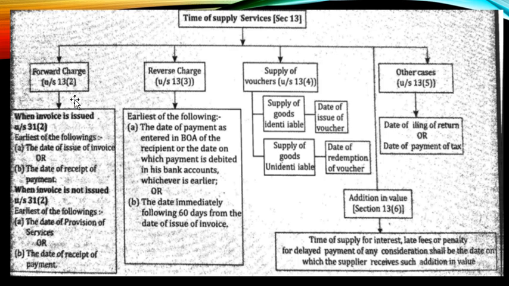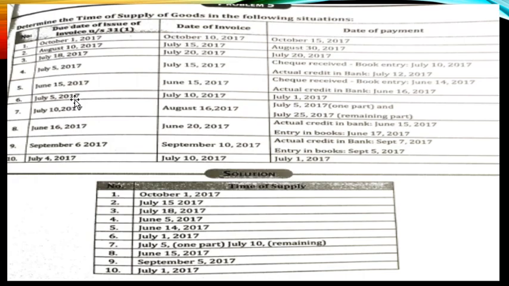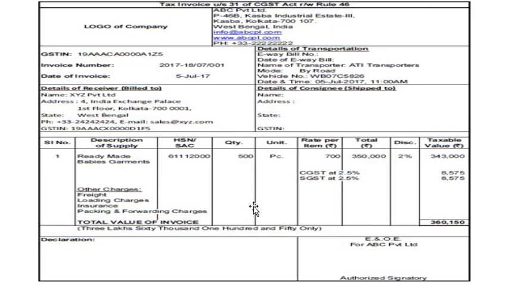In that invoice, I will mention the GST they are supposed to pay, the taxable value, that is the goods value, and the total I will charge and collect from the buyer. So the seller is ABC, the buyer is XYZ. XYZ will pay the full amount mentioned here, 3,60,150. This is forward charge, where the supplier collects the GST and pays it to the government.